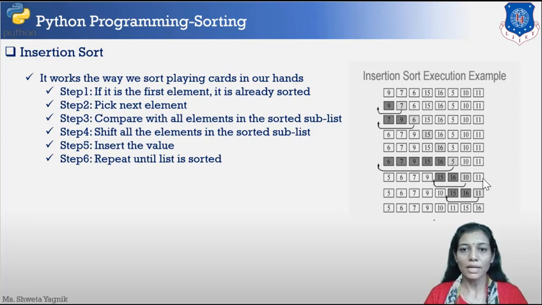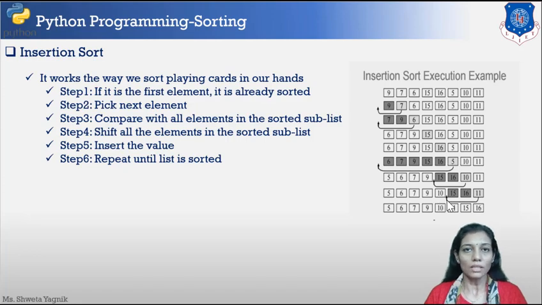Next is 11. 11 is compared with the sorted list, and it is found that the proper position of 11 is between 10 and 15. That's why the list elements are adjusted such that 11 can be placed at its proper position.